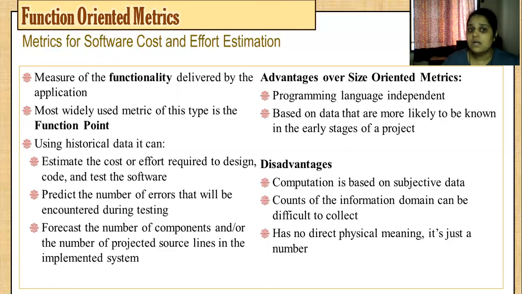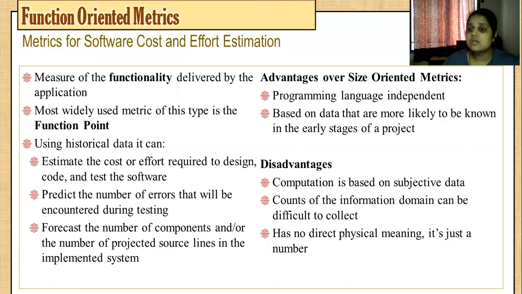Now, what are the disadvantages of this system? It is a very subjective kind of data. So the computation will only be rough but not exact or fair. And counts of the information domain can be difficult to collect. The domain from which you are taking your historical data can be different, so your basic rough estimate may vary.